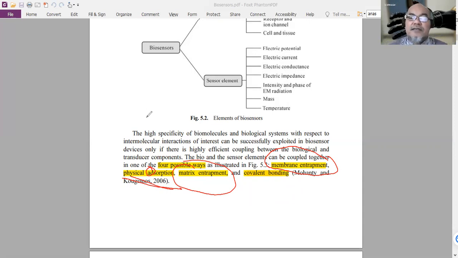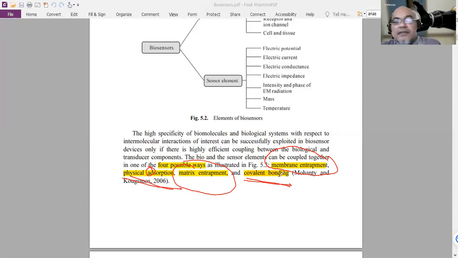And the last one is what we call covalent bonding. This is a very chemistry-related method, where we have to know the chemical molecular structure of the bioelement, and we modify specifically some part of the bioelement such that the part can bind chemically, covalently, to the surface of the transducer.